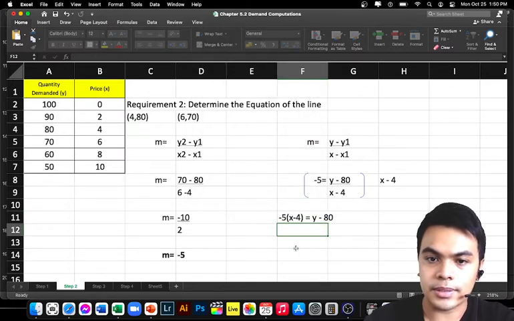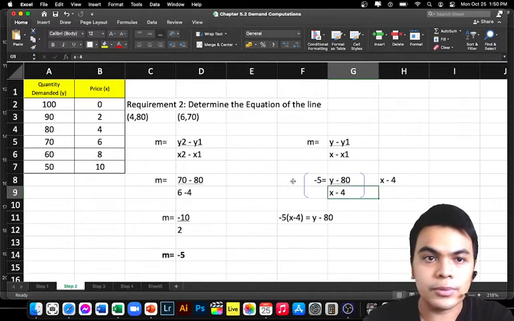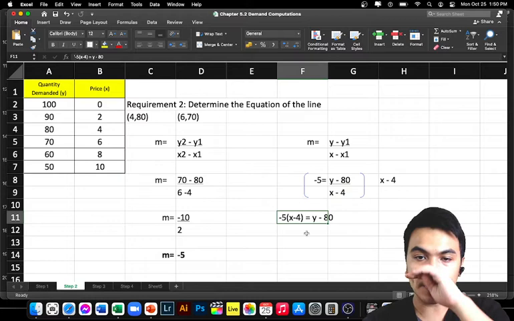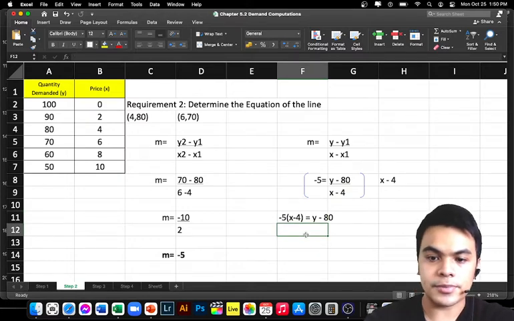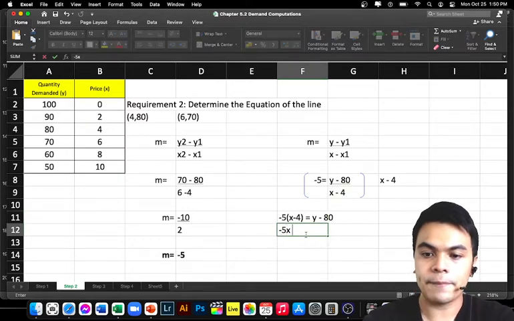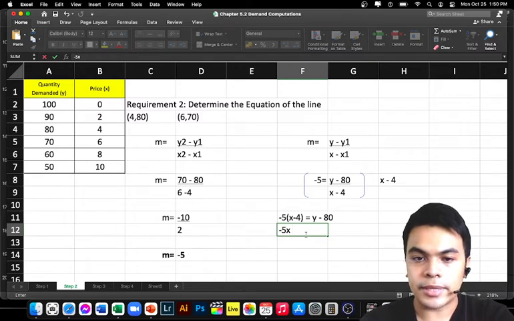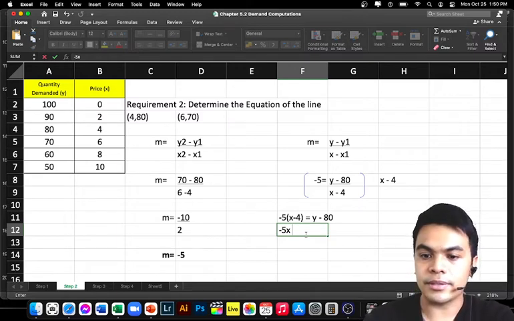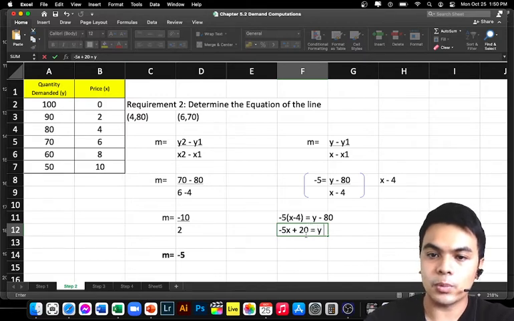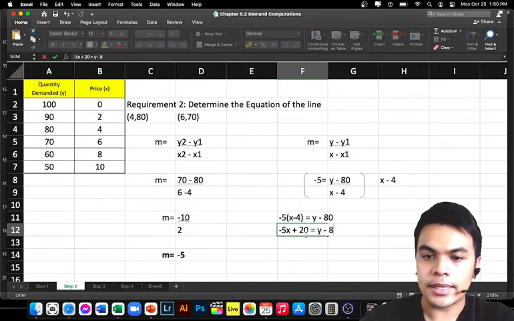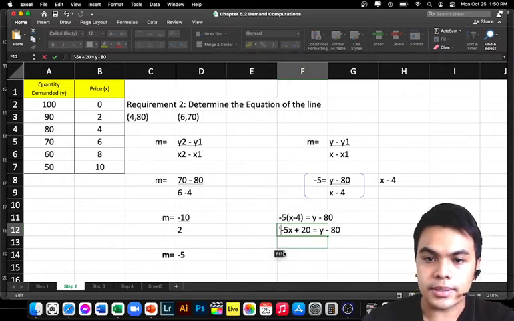So this is cancelled, kaya y minus 80 siya. Negative 5 times x, that is negative 5x. Negative 4 times negative 5, negative times negative, that is positive 20, is equal to y minus 80.